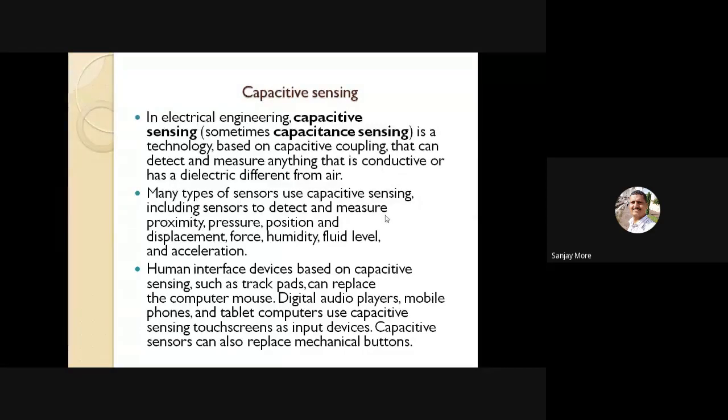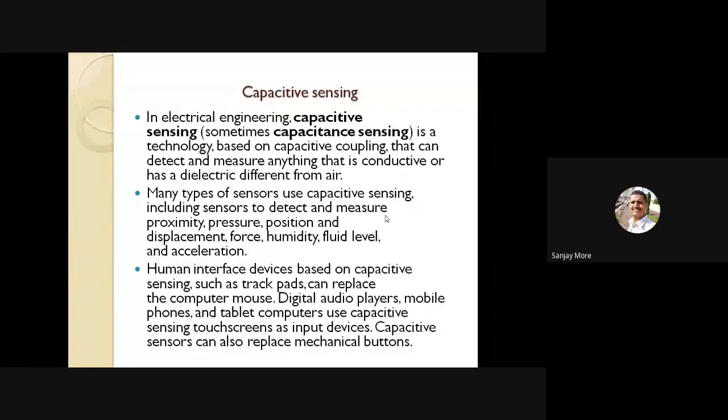So capacitive sensors or capacitive sensing is the concept. They are used to measure proximity, pressure, position, displacement, force, humidity, fluid level, acceleration.